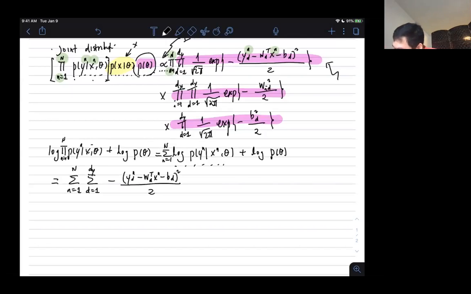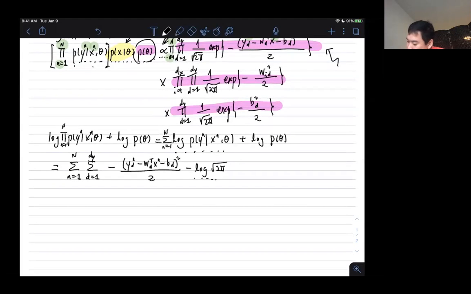And then what we end up with, an interesting thing, is minus log of square root of 2 pi. But this one is a constant that does not depend on n, x, nor theta, so we'll be able to ignore it at some point. However, let's write it down like that.